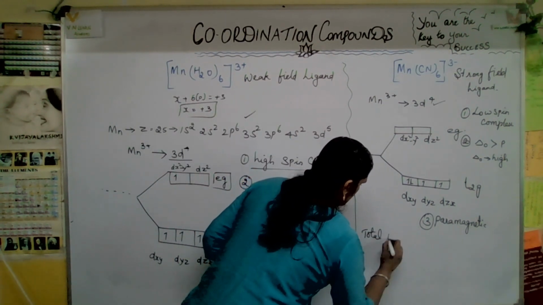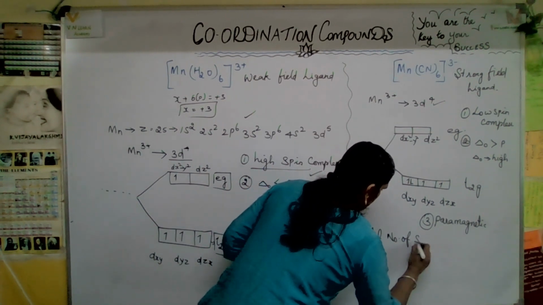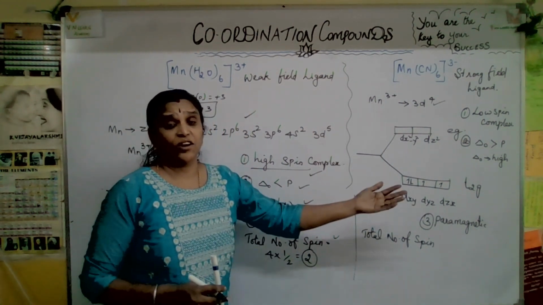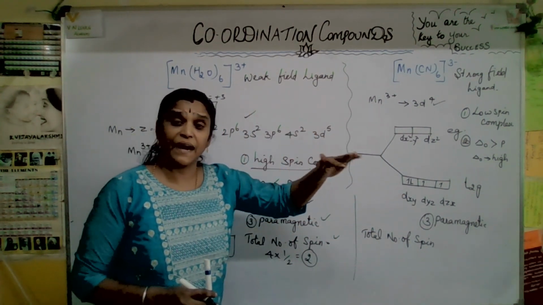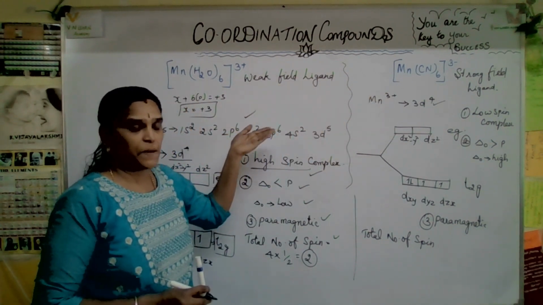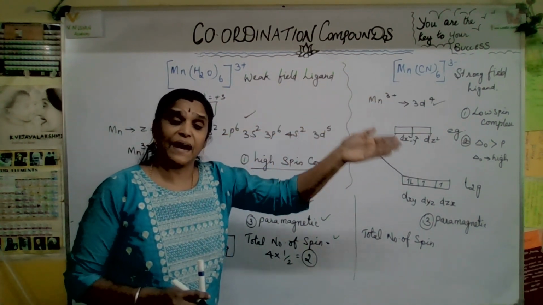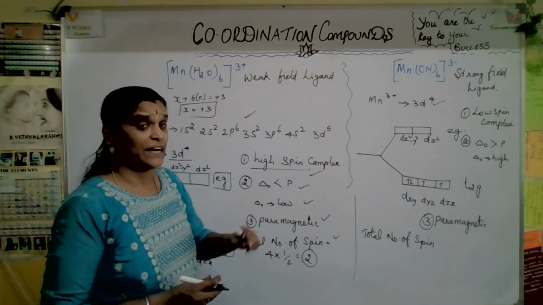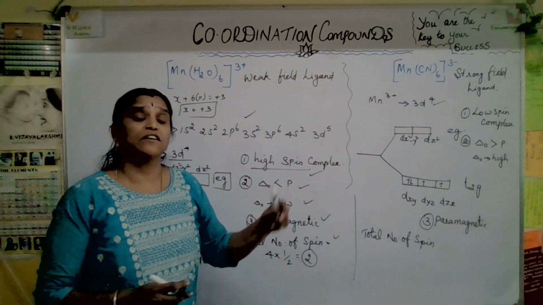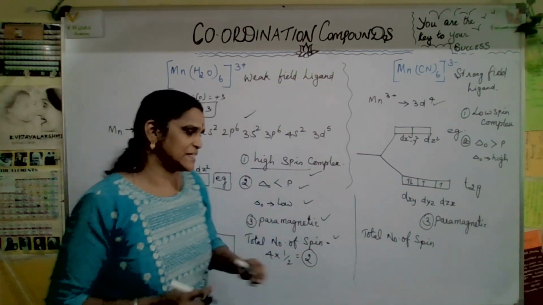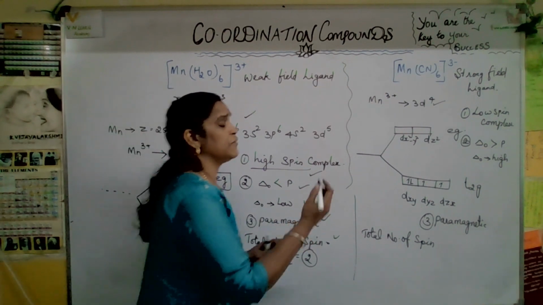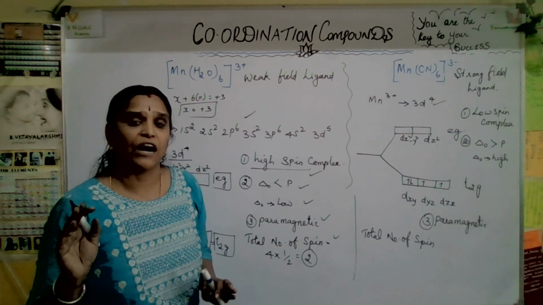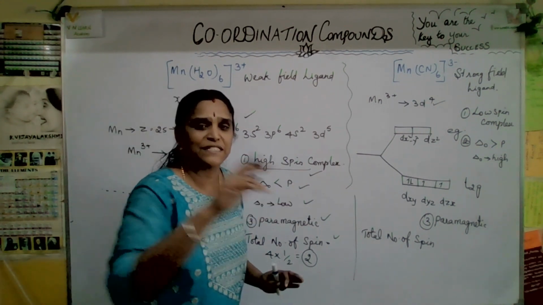And total number of spin. How many unpaired electrons are there? If the number of unpaired electrons is more, that is high spin. If the number of unpaired electrons is less, that is low spin. In that way also you can identify, because they will be asking that question too. So total number of spin, how to identify? How many unpaired electrons are there, multiply that with half, because spin is plus half and minus half.